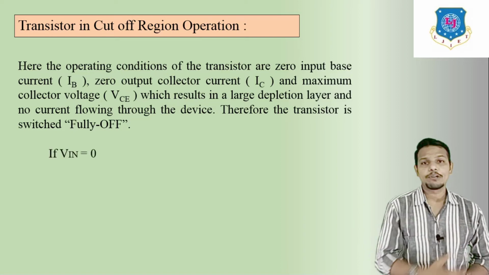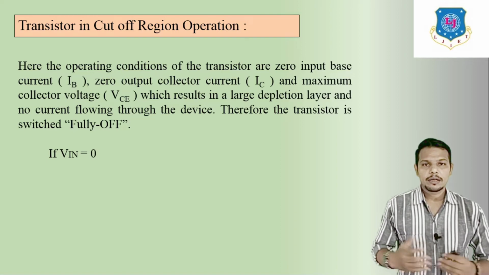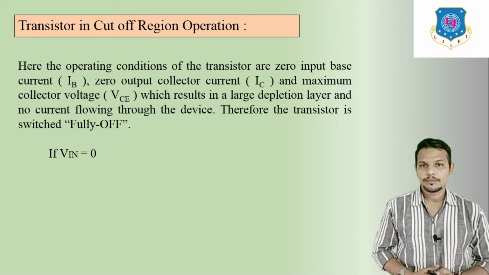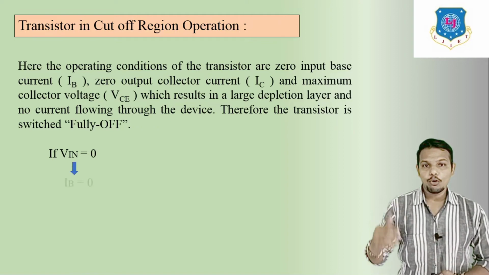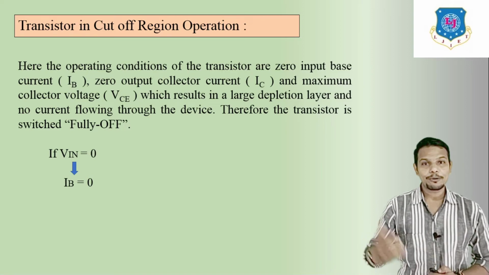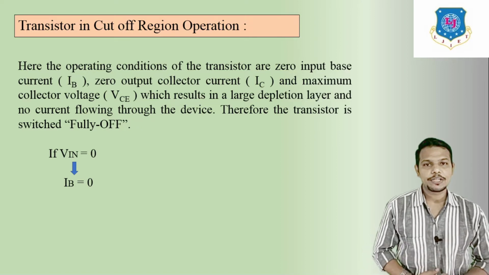If Vin is equal to 0, that means your input voltage is equal to 0, we can say your input is directly connected to the ground. So your flow of IB is also 0, because your input is equal to 0. Then your base current IB is equal to 0.